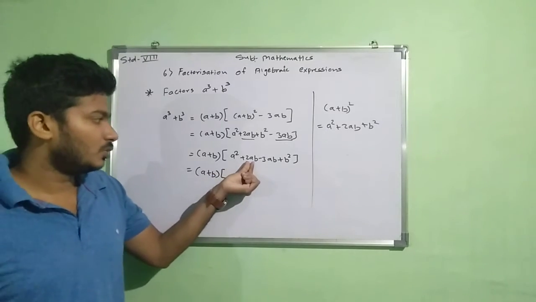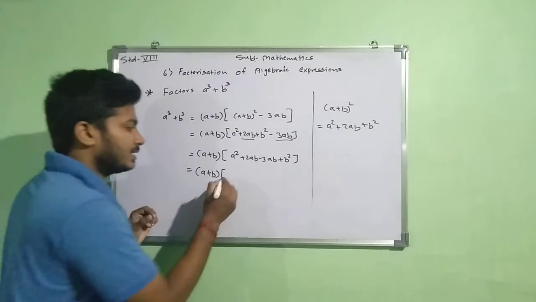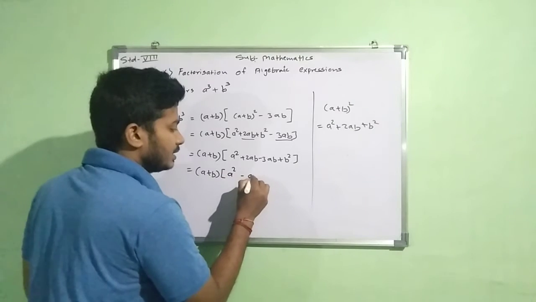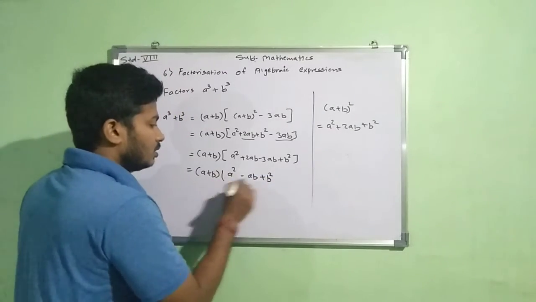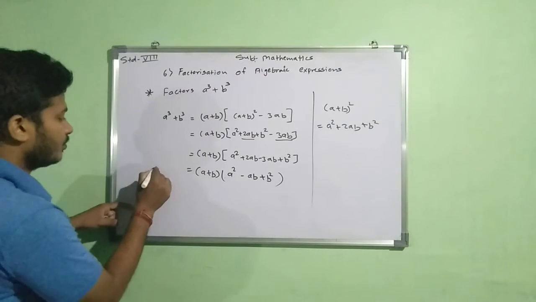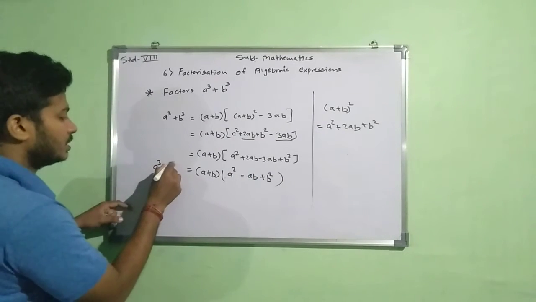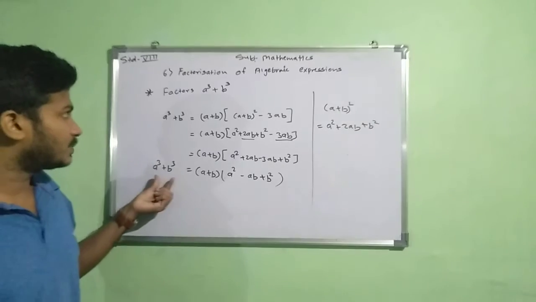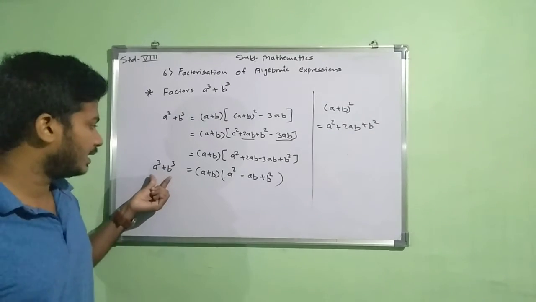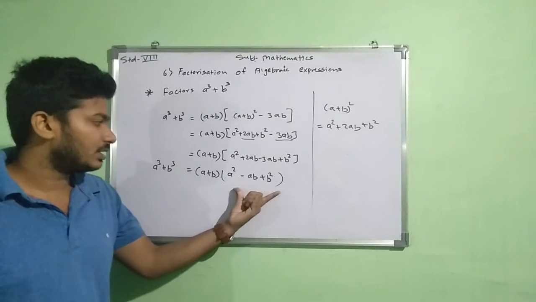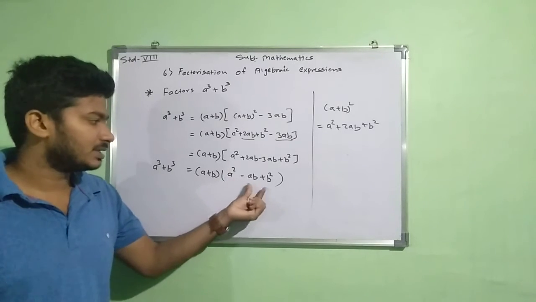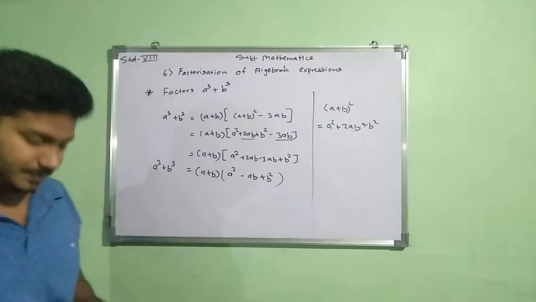This 2ab minus 3ab will become minus ab, plus b square. So this will be the expansion of a cube plus b cube. That means the factors of a cube plus b cube will be equal to, in the first bracket a plus b, and in the other bracket a square minus ab plus b square.